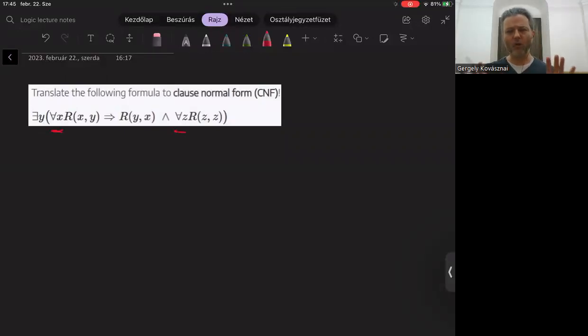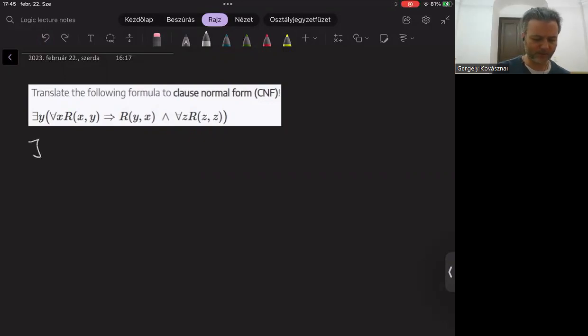Since the scopes of those two quantifiers do not intersect, we can choose any of those two to start with. For whatever reason, I would like to start with the second one, for all z, especially because it's really easy to lift this quantifier. We only need to move it in front, and that's it.